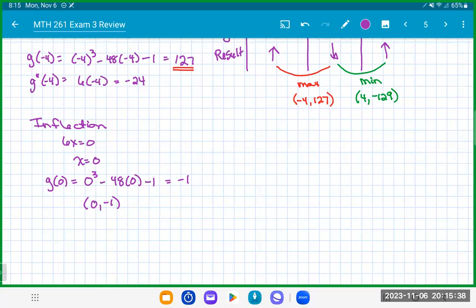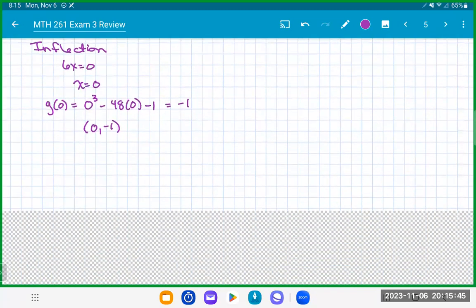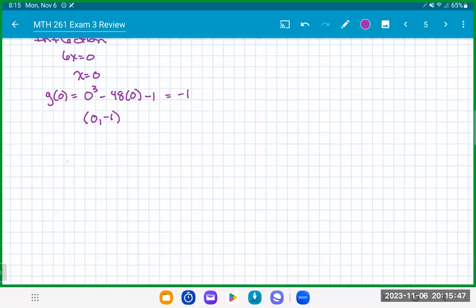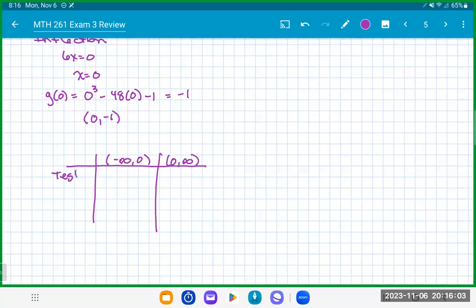And the last thing we want to do is determine where it's concave up and concave down. So we'll use that inflection point for our intervals: negative infinity to 0 and 0 to infinity. For our test values, we cannot use 0 because it's part of the boundary, so we'll use -1 and +1.